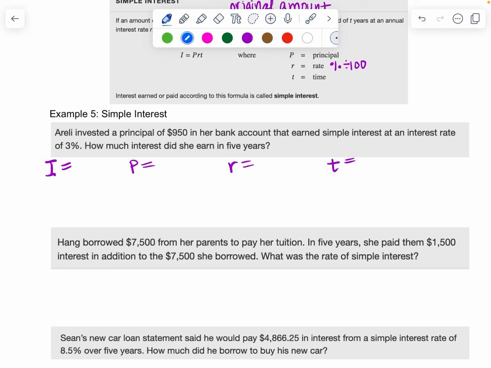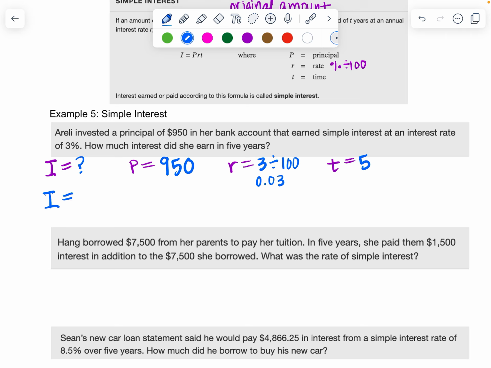Areli invested a principal of $950, so that's her original amount, into her bank account that earns simple interest at a rate of 3%. So we need to do 3 divided by 100, and we get 0.03. How much interest did she earn in 5 years? So time is 5. Interest, we don't know yet.